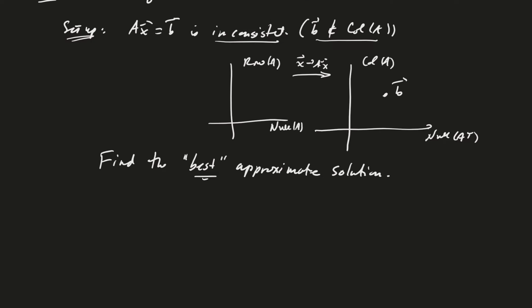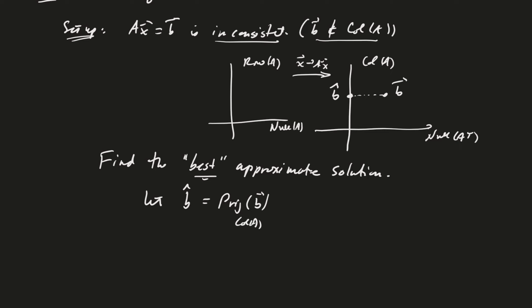Of course we know that if b is not contained in the column space of A, then the point in the column space that is closest to b is b hat, where b hat is the orthogonal projection of b into the column space of A, right?